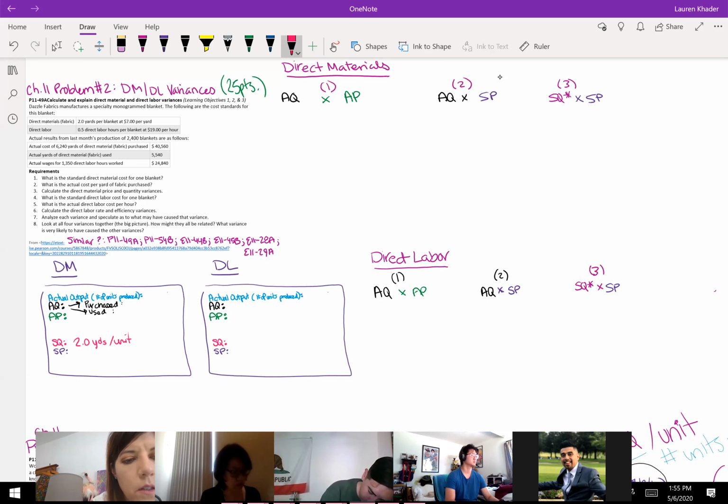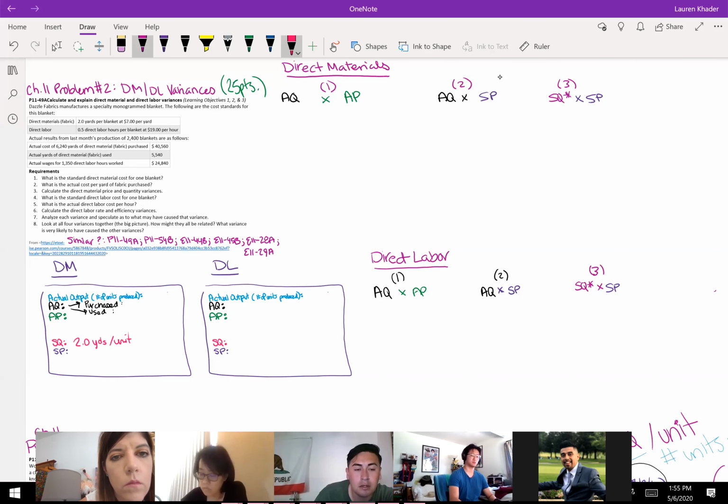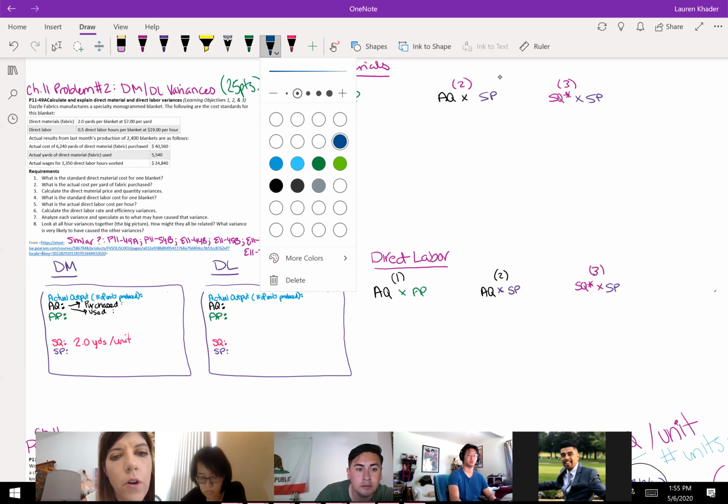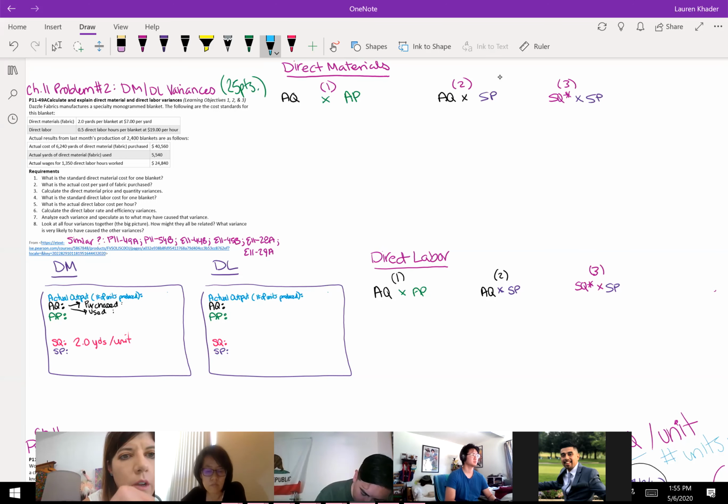This is problem 11-49A, correct? Yes. And then the $7 per yard is what? Standard price. So standard price, $7 per yard. Then 0.5 direct labor hours per blanket at $19 per hour.